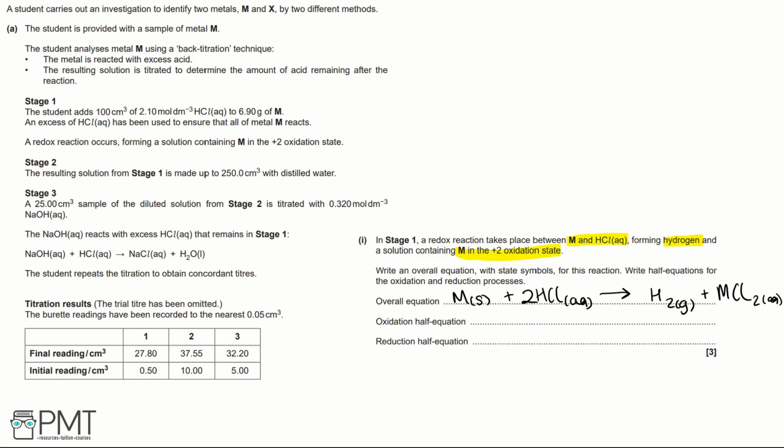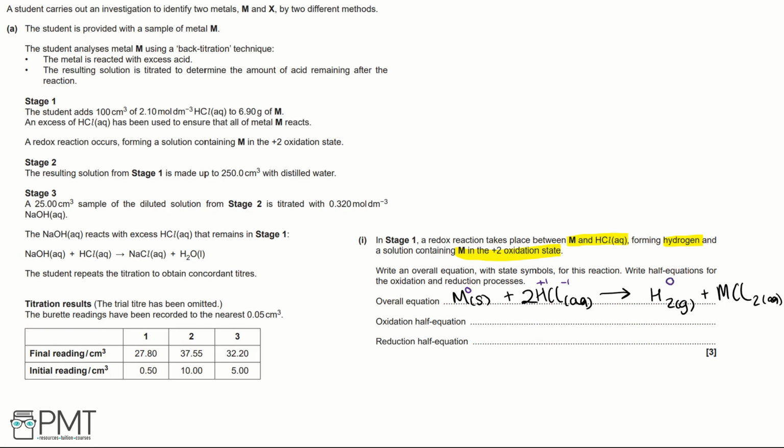So now we need to look at what's being oxidized and what's being reduced. Oxidation is the loss of electrons, so that means its oxidation state is going to increase. The oxidation state of metal on its own will be 0. In hydrochloric acid, hydrogen will have a +1 oxidation state and chlorine will have -1. In hydrogen gas, hydrogen will have an oxidation state of 0.